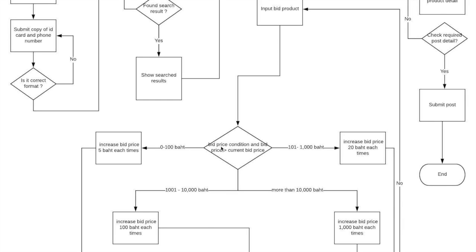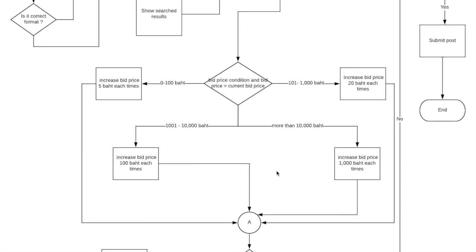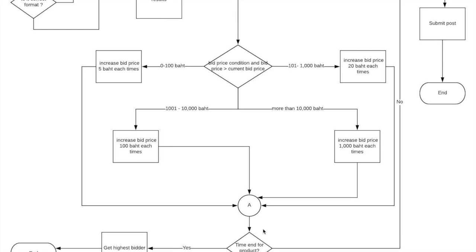If the user inputs a price between 101 and 1000 baht, the bid price has to be increased 20 baht each time. And if the user inputs a bid price between 1001 baht and 10,000 baht, it has to increase 100 baht each time. And the last one, if the user inputs more than 10,000 baht, the bid price will be increased 1,000 baht each time.